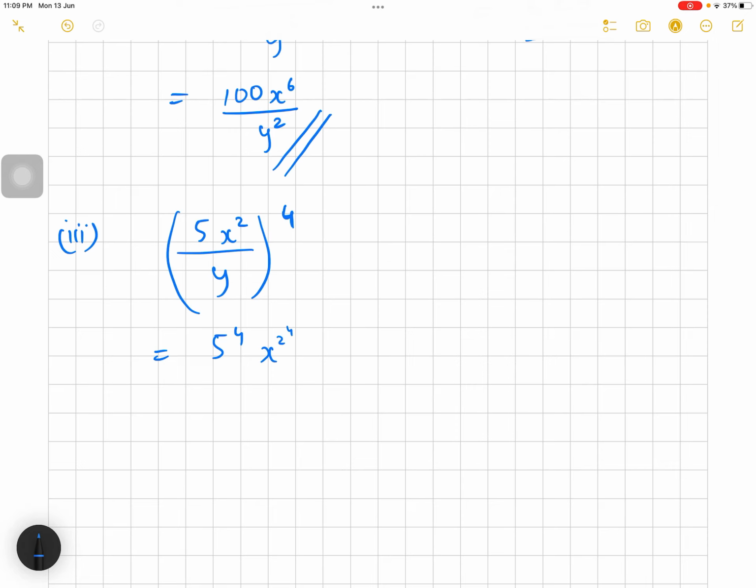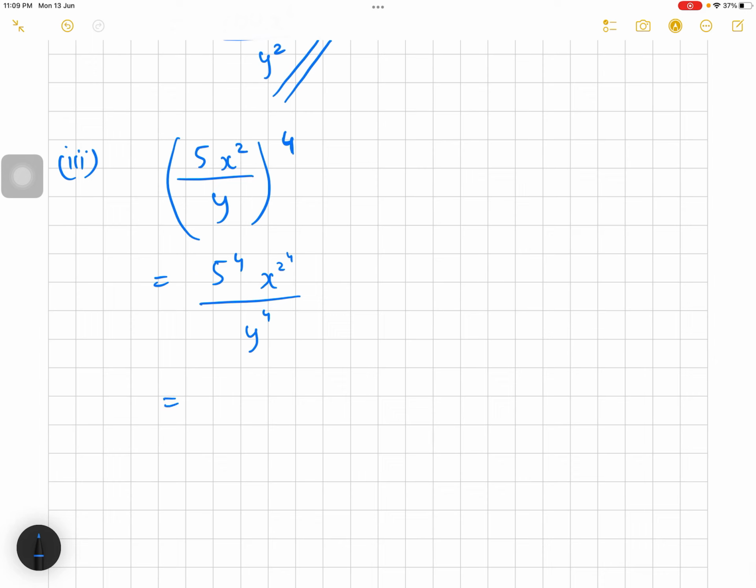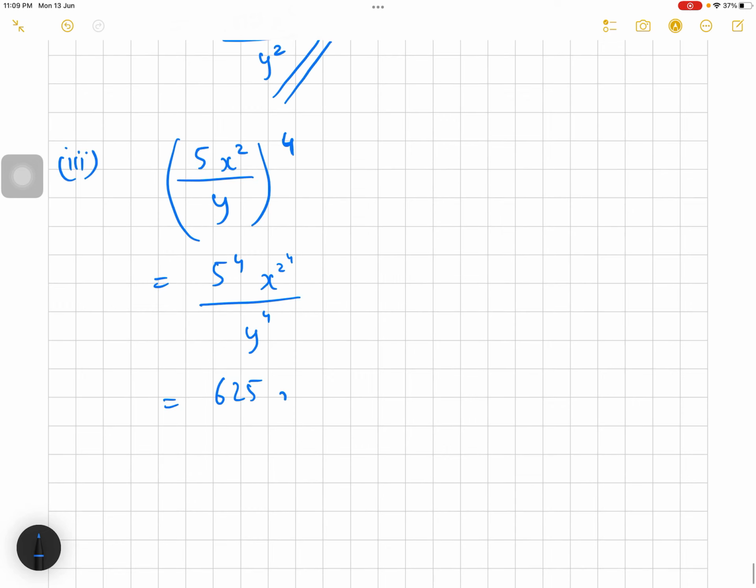So 5 raised to 4, x raised to 2 raised to 4, upon y raised to 4. 5 raised to 4 is 5 into 5 into 5 into 5, which is 625. x raised to 2 raised to 4 is 2 into 4, which is 8. And y raised to 4. So this is the answer. Okay.